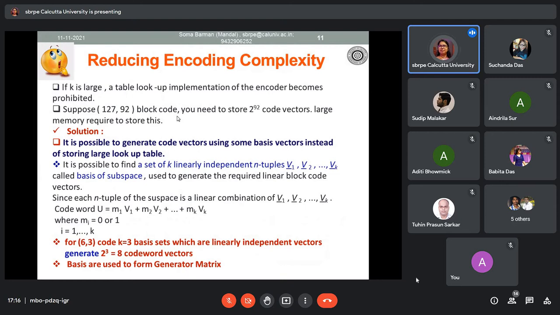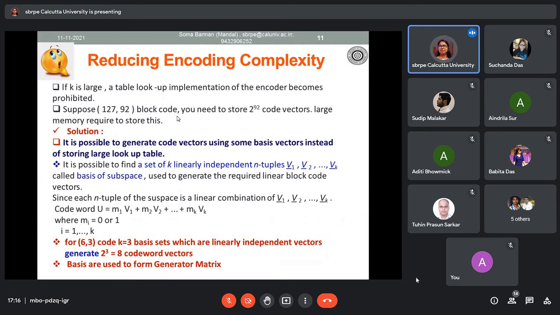So it is mentioned that if k is large, a table lookup implementation of the encoder becomes prohibitive. So a too-large lookup table is very difficult to store.